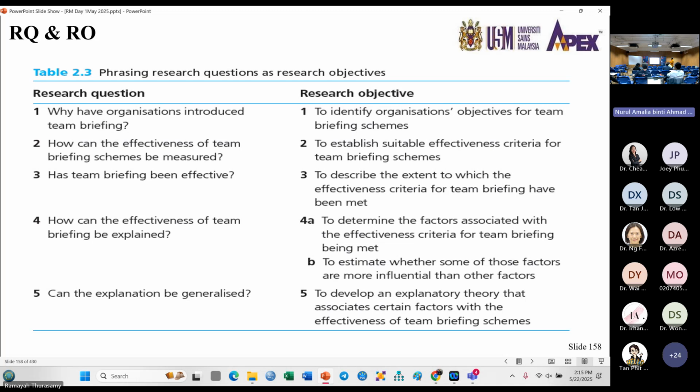Establish, describe, determine, estimate, develop, all these are verbs you can use for mapping the question and objective, right? We can do this, this is from Saunders, I think. But having said that, it's not wrong.